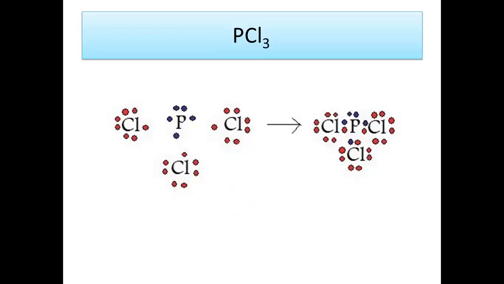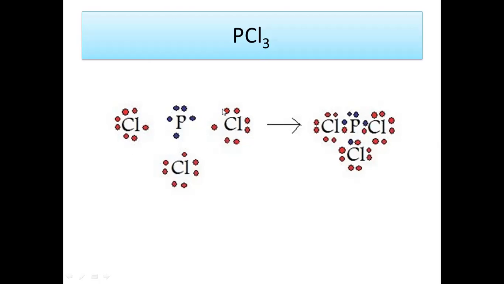Another example is PCl3, and here is the phosphorus, and these are the three chlorines. Phosphorus has five electrons in its outermost shell, and each chlorine has seven valence electrons.